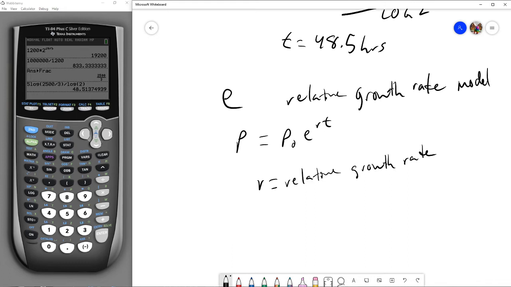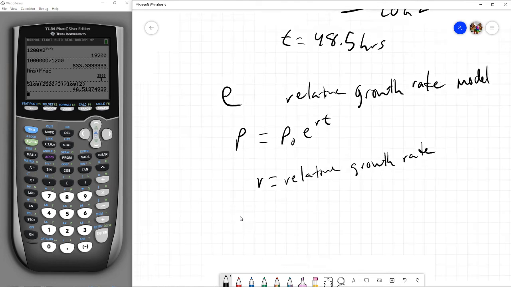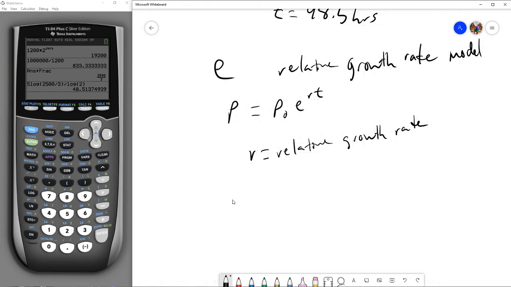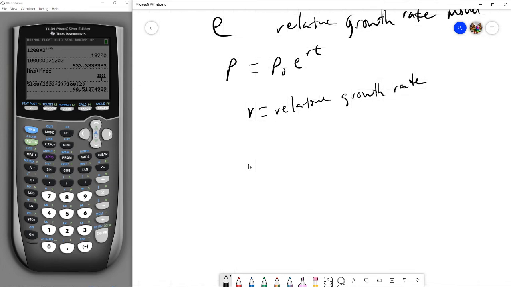What we can do is think about it this way. If this is the relative growth rate model, we want to think about how long it takes for a population to double. So if you have an initial population of P naught, the question is how long will it take to double.